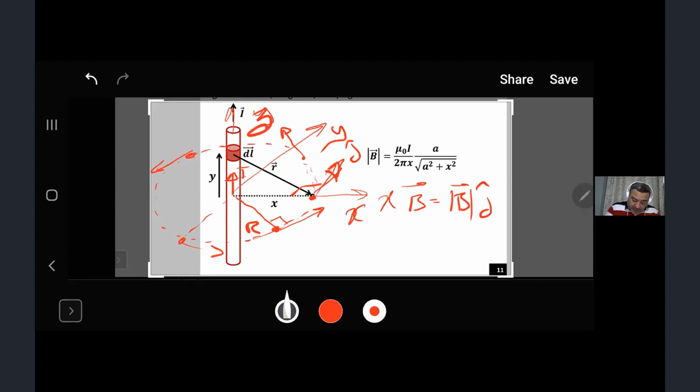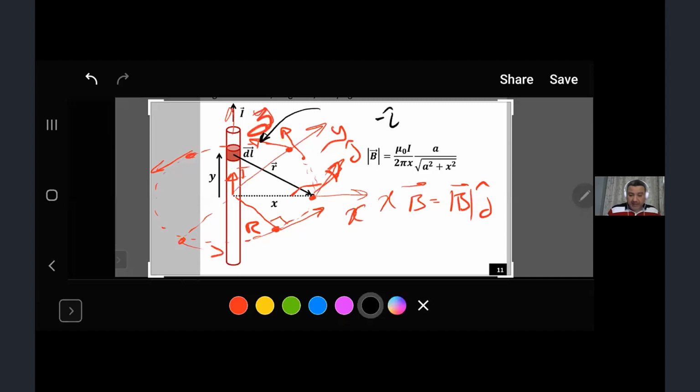Look what's going to happen if my point of interest is sitting on the y-axis. It will be tangential. The magnetic field will be tangential. In this case, guess what the direction of the magnetic field is for this one? It will be minus i hat.